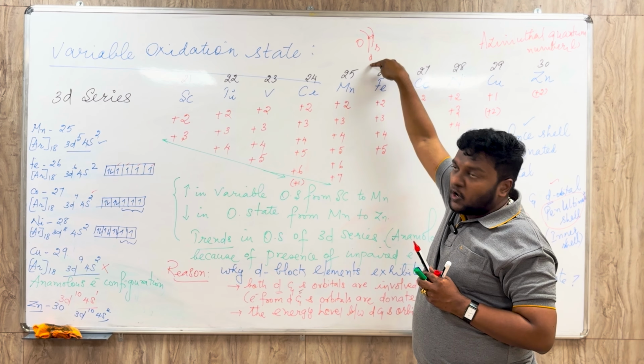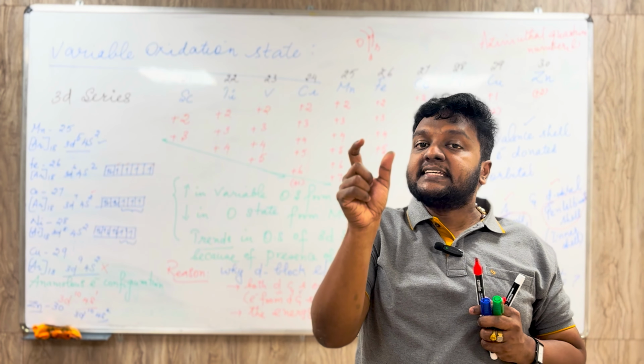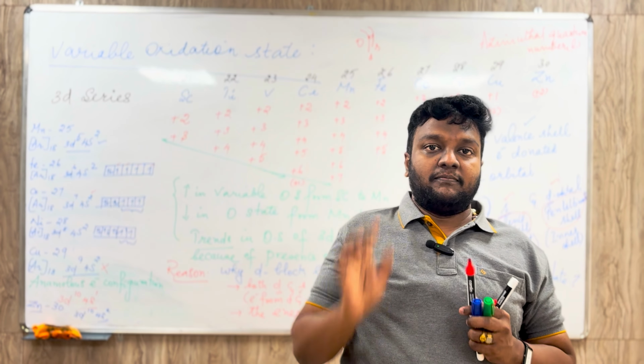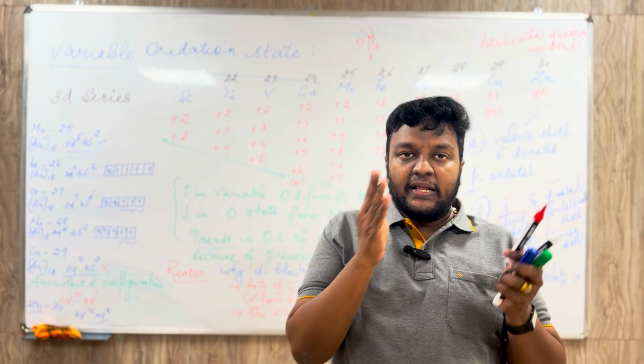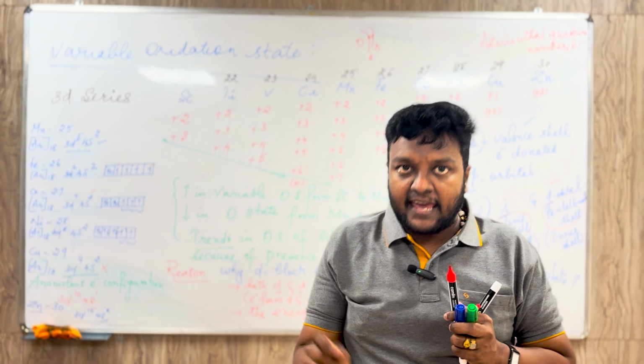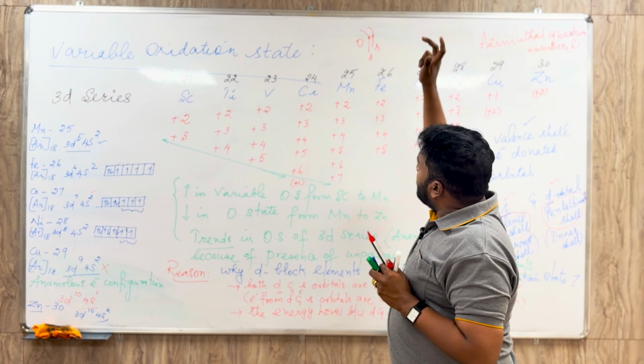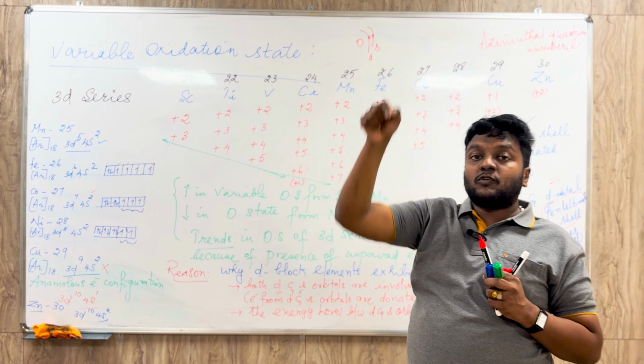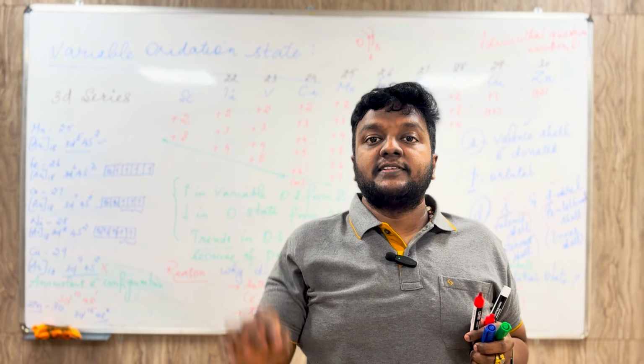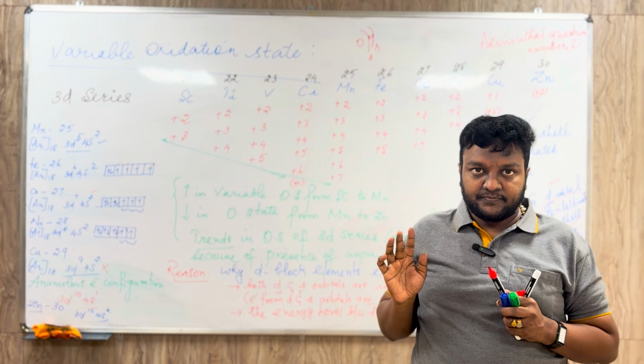So the energy level is more or less the same. Since the energy level between the d and s orbitals is more or less the same, the electrons from the s orbital and the electrons from the d orbitals, both the orbitals are involved in the bond formation.